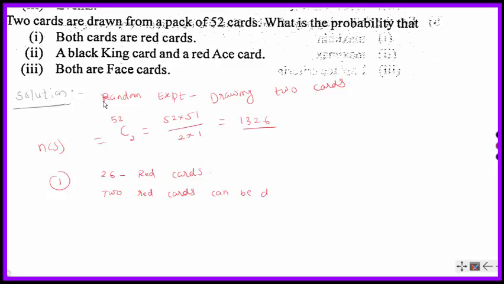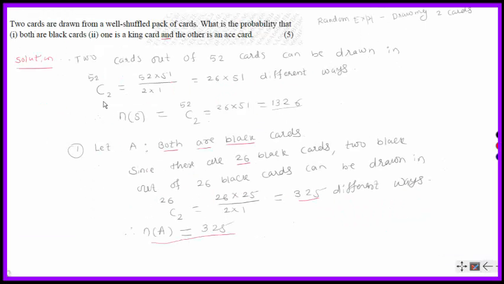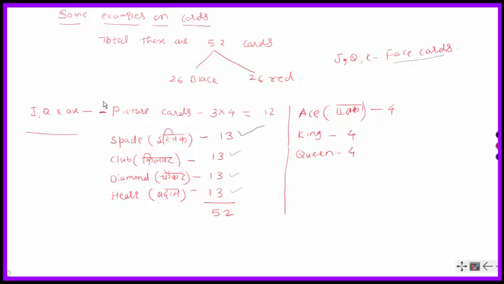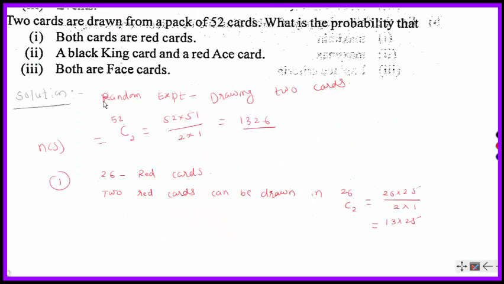Can be drawn in 26C2. 26C2 equal to 26 into 25 divided by 2 into 1. This is equal to 13 into 25, which is equal to 325.